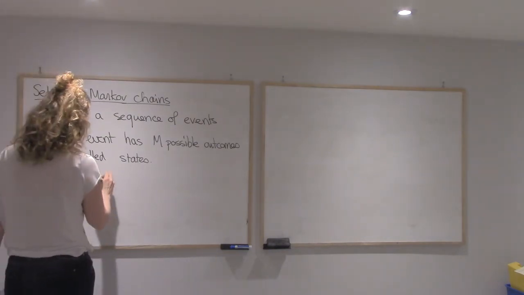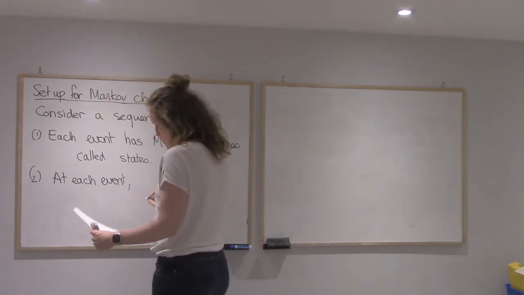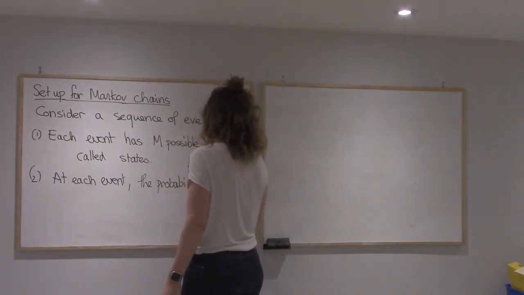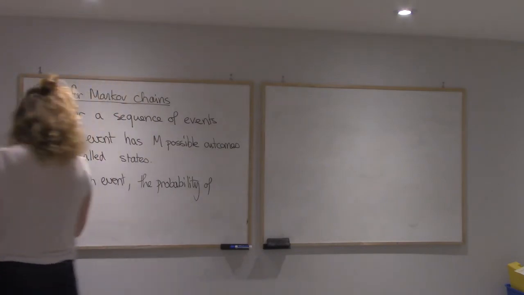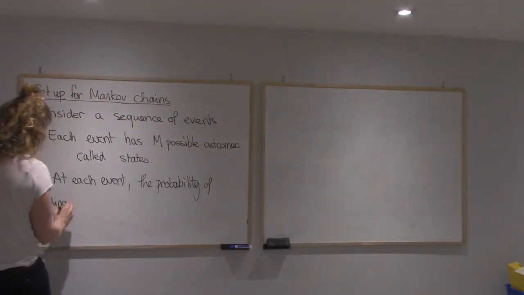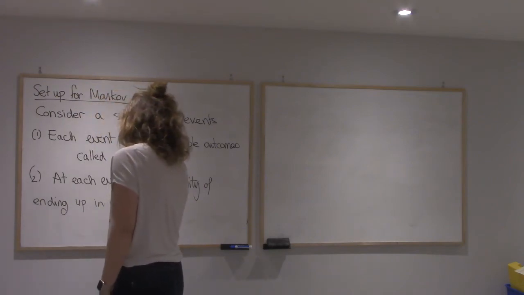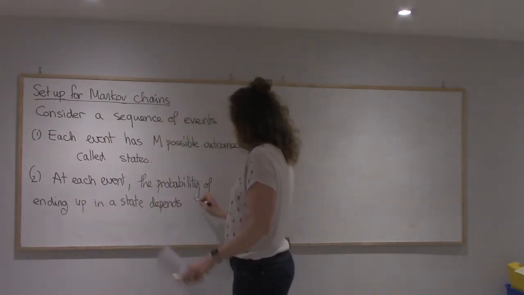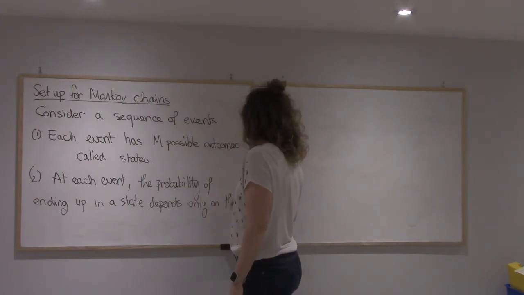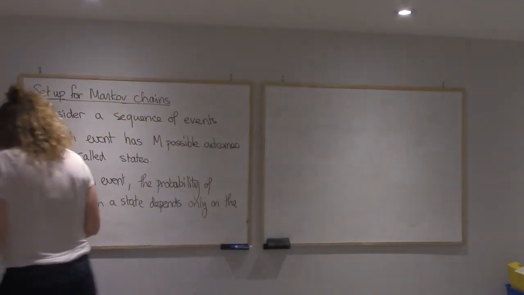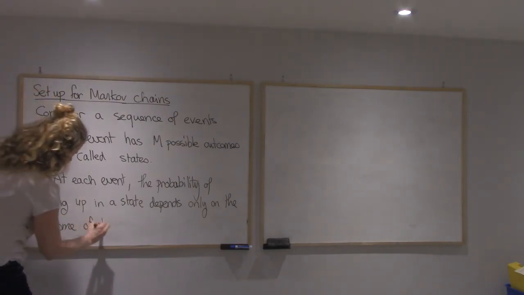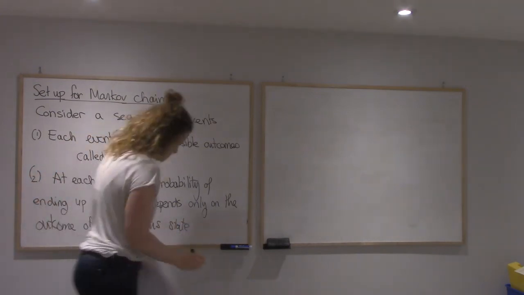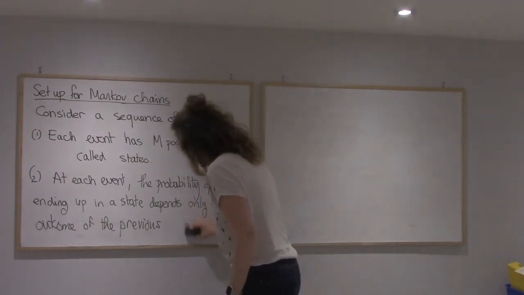At each event, the probability of ending up in a state depends only on the outcome of the previous state. Previous event, sorry. I'm getting my words confused.